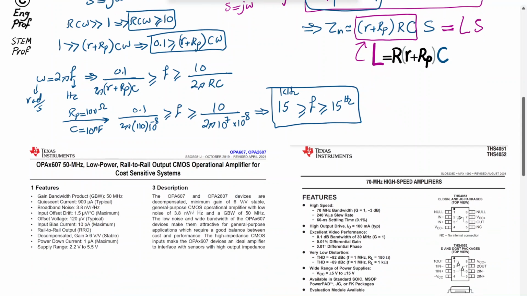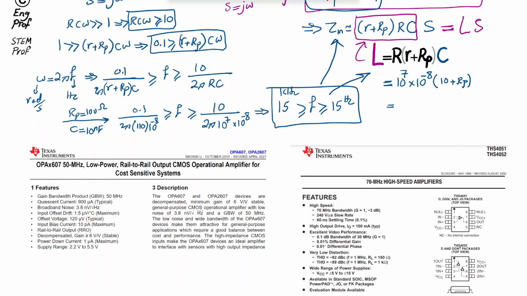So in this range, the circuit practically behaves like an inductance with a value of 10 meg times 10 nanofarad, which means 10 to the minus 8 farad, and 10 meg means 10 to the 7. And then R, as I said, is 10 meg, and RP is adjustable.